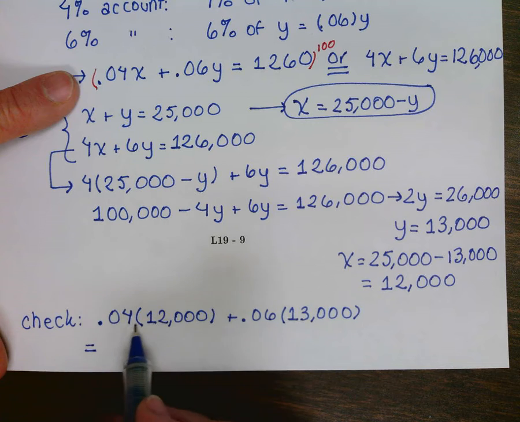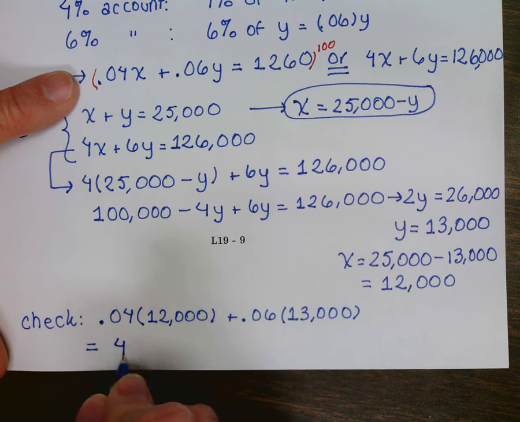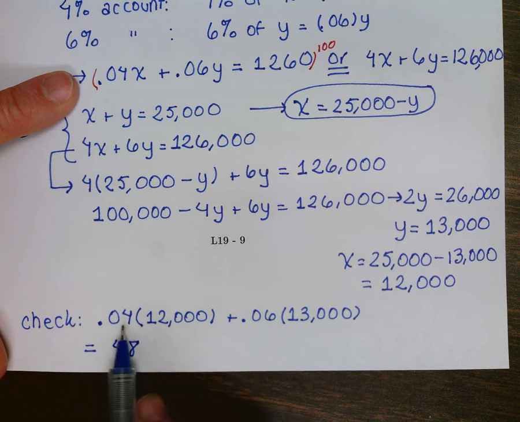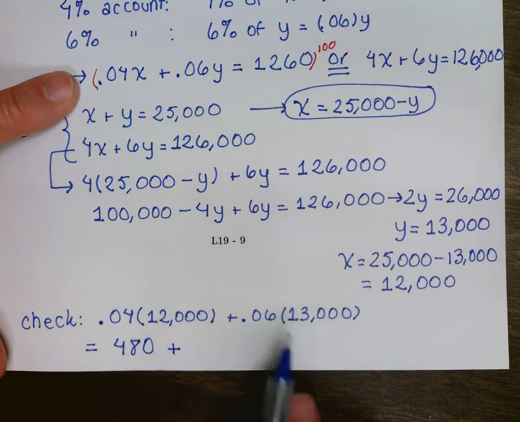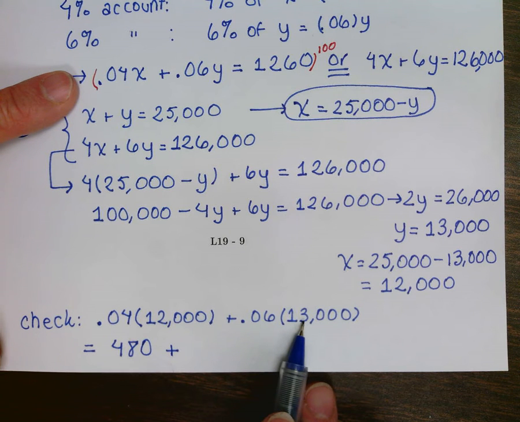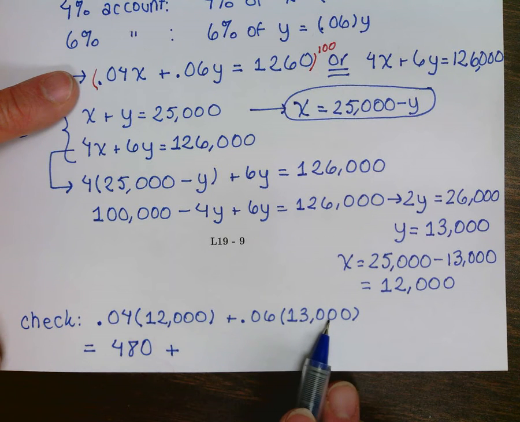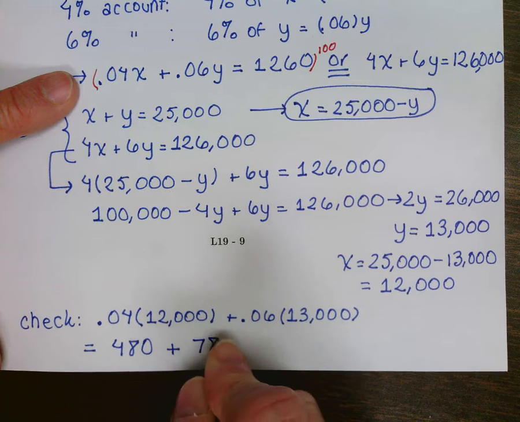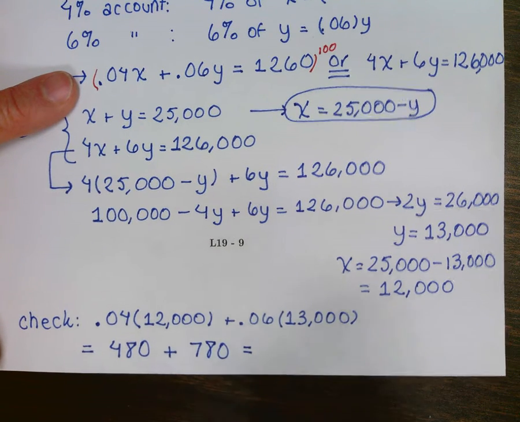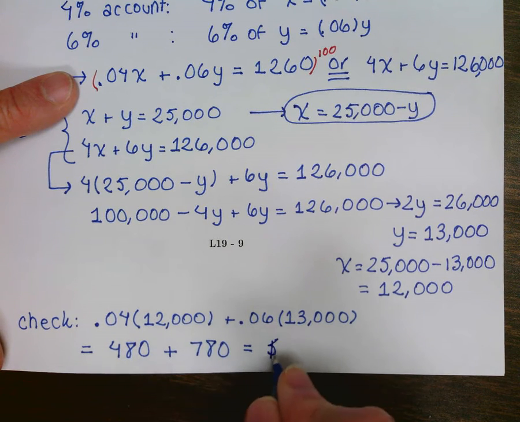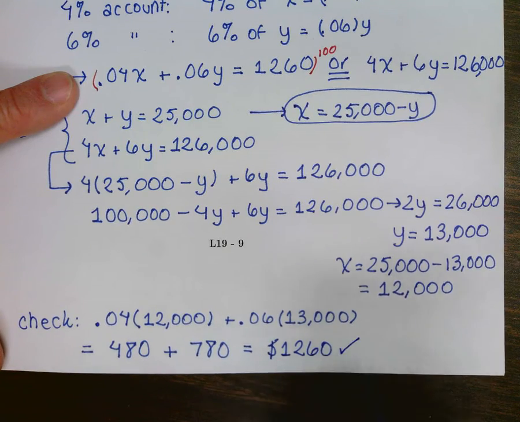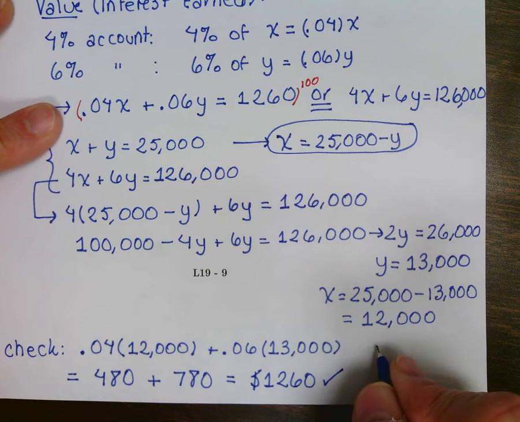That equals, let's see, 12 times 8 we know is 48, and we're multiplying by 0.04, so it would be 48,000, but we're removing 2 zeros, so it will be 480. And 6 times 13 is what? 6 threes are 18, 78,000, and again we're taking away 2 zeros, so it's 780. Okay, and if I add those two together, I get 1260. So it checks.